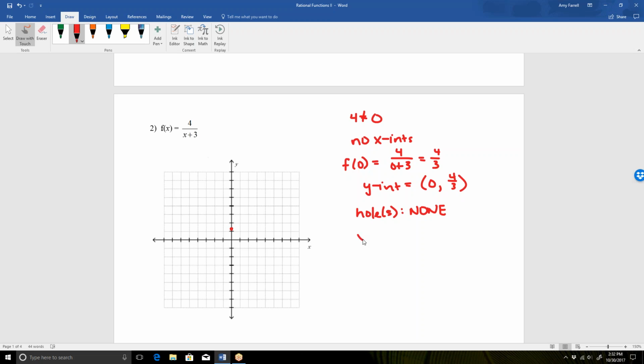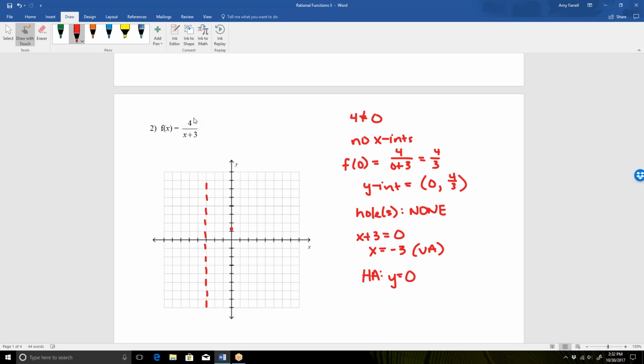Vertical asymptotes, we find the zeros of the denominator. x equals -3. This is our vertical asymptote. Okay, the horizontal asymptote is y equals 0.